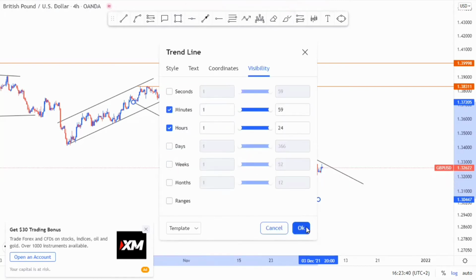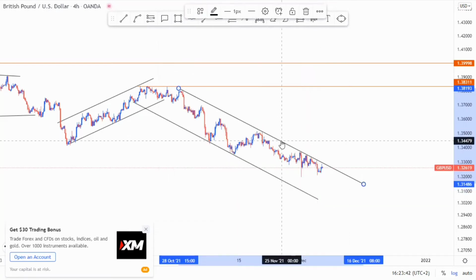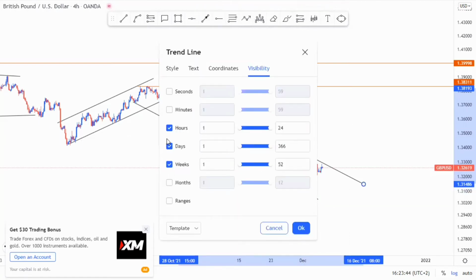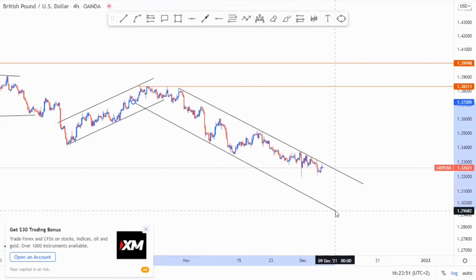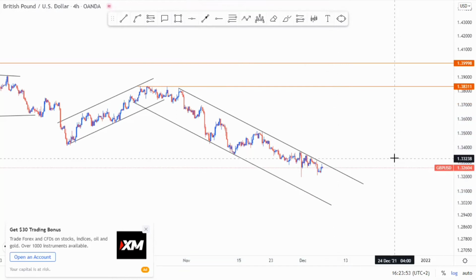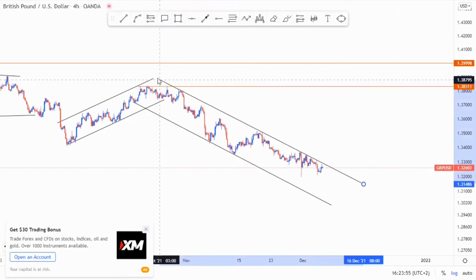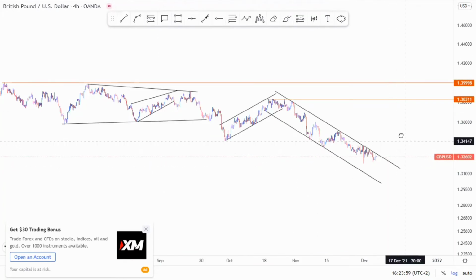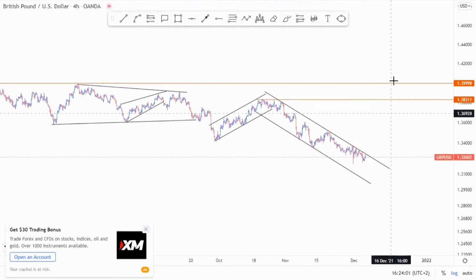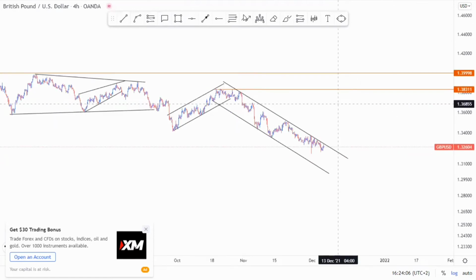Just setting the visibility for the trend line to not be on certain time frames. And there we have it on a 1 week and the hour time frame. As you guys can remember, I'm expecting price to at least come back to these areas here in the form of a reversal pattern.